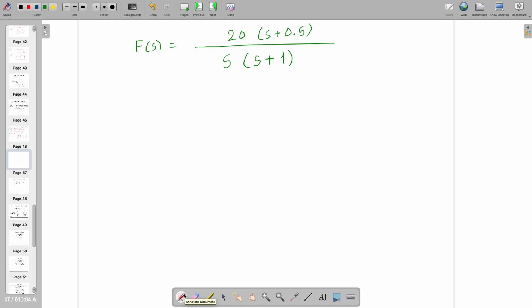Okay, so now I want to find out, can you find out K1 and K2? It's a mathematical problem, right? It's mathematics. So how do you find out K1, by the way?